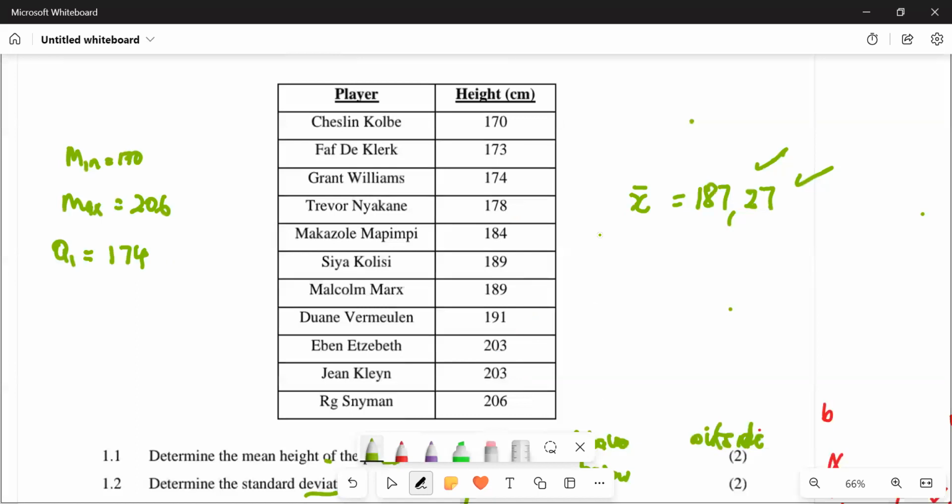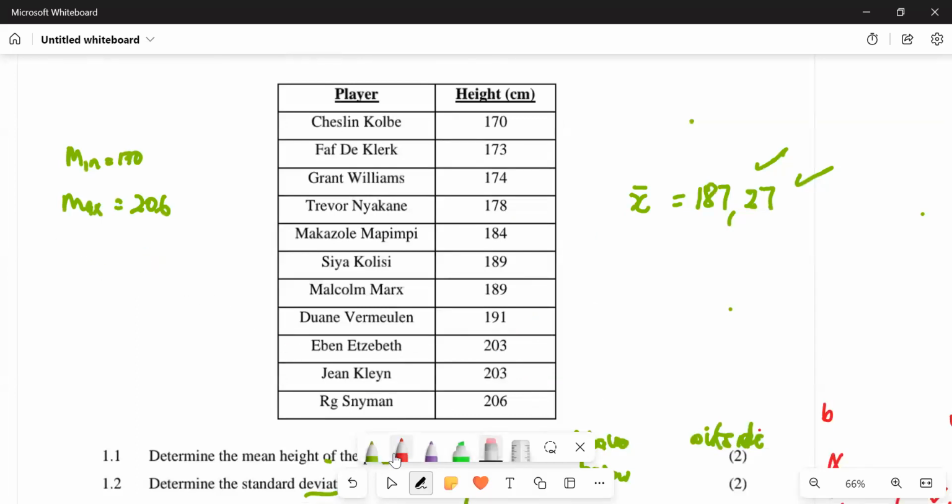How did you get 174? Let's remind each other. We don't start with Q1, we start with Q2. How do we get our Q2? We say this one should go with this one, this one with this one, and so on, until we have the one left in the middle. That is going to be our Q2.